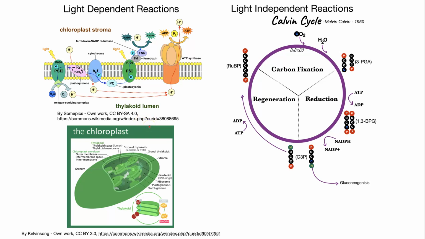So let's get a bit of an overview of these reactions. It gets a little bit complicated, so I'm going to take you through a slightly different way to explain this. The first thing to understand is that there are 3 parts to the Calvin cycle. There's carbon fixation, and all that means is the CO2 in the air gets into the leaf through the stomata, those little openings.